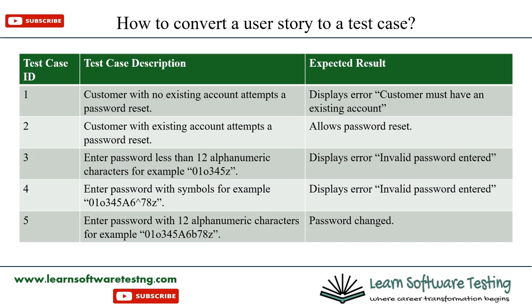Then finally, test case ID 5, enter a password with 12 alphanumeric characters, for example 345, uppercase A, 6B, 78, lowercase z. In this instance, we expect the result to be password changed, obviously because that has met the acceptance criteria, which has to be 12 characters in length, 12 alphanumeric characters, and also it is an existing customer.